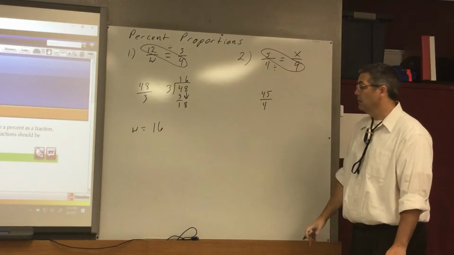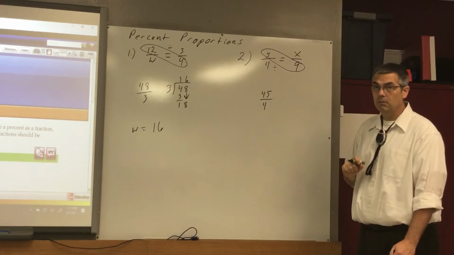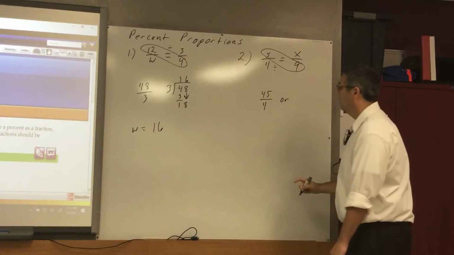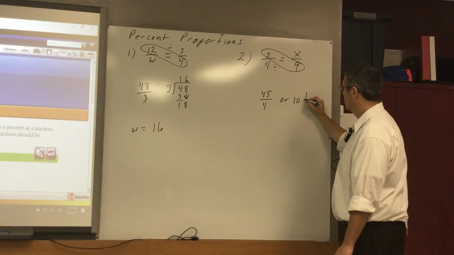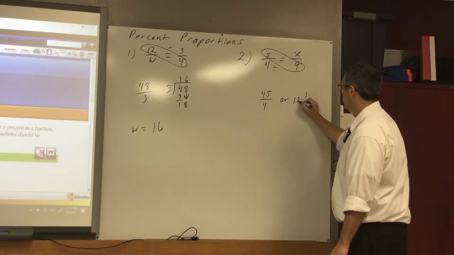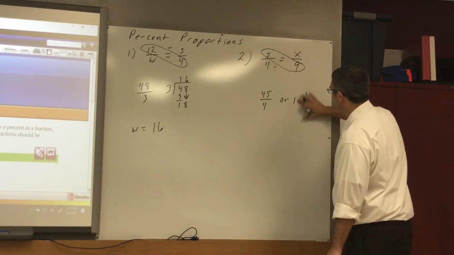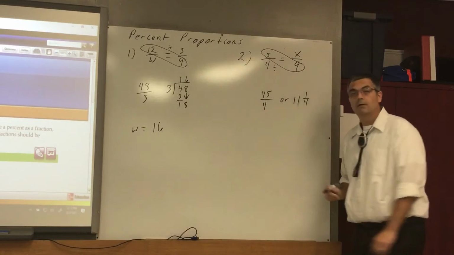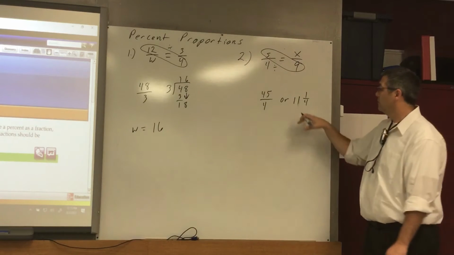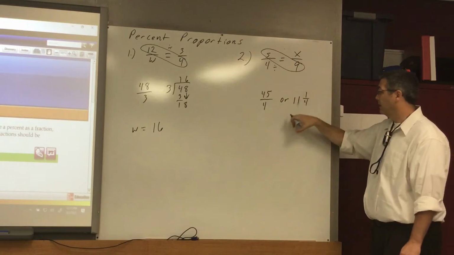Now look, does 4 go evenly into 45? It doesn't. So you can leave it as the improper fraction, or you can turn it into the mixed number. There are 11 4s in 45, and then there's 1 left over, so you get 11 and 1/4.